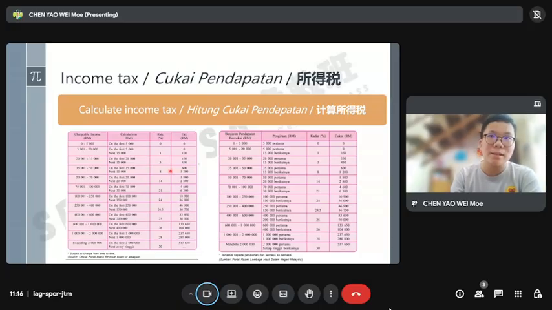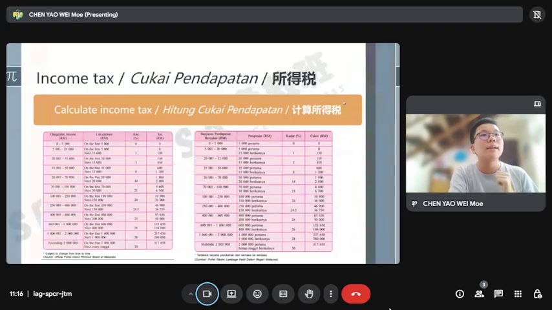Okay, the next balance, but not this one, remember, not this one. After that, you calculate your base tax and your balance tax. Then you subtract the tax rebate.